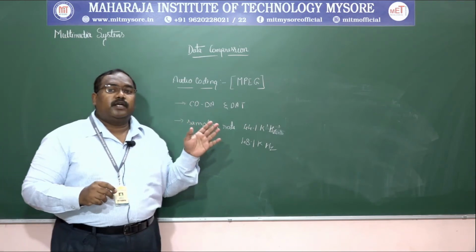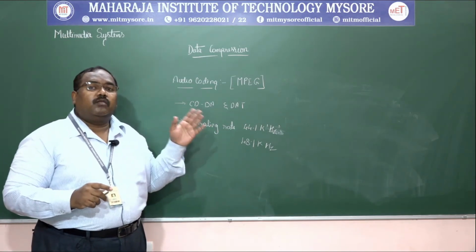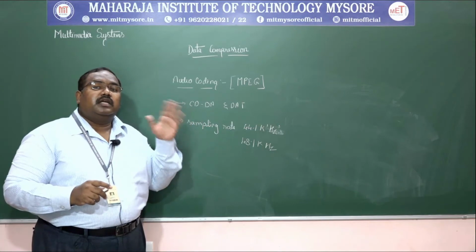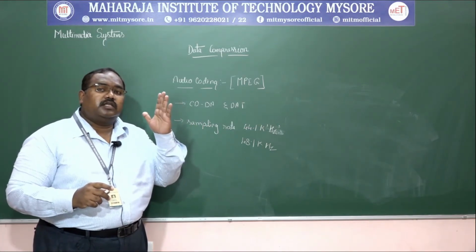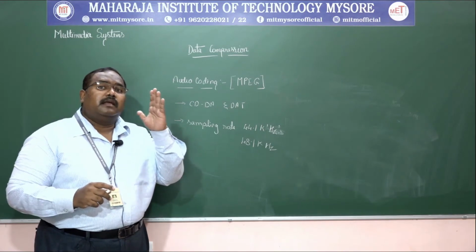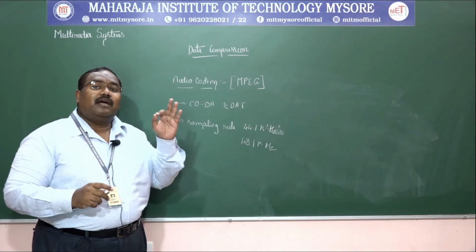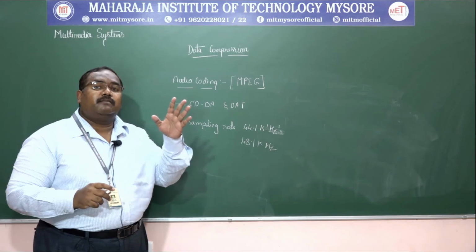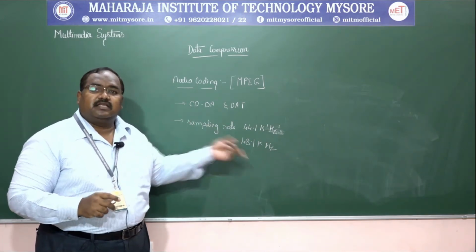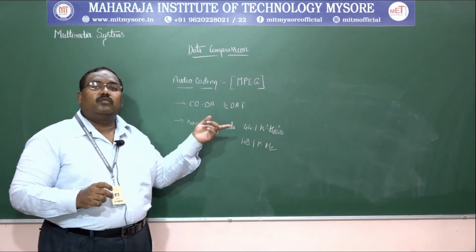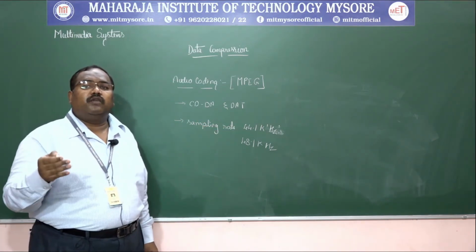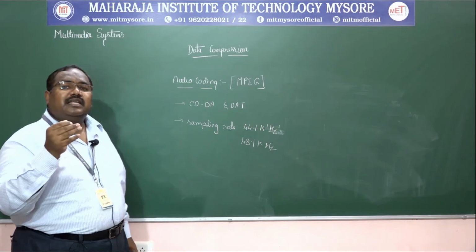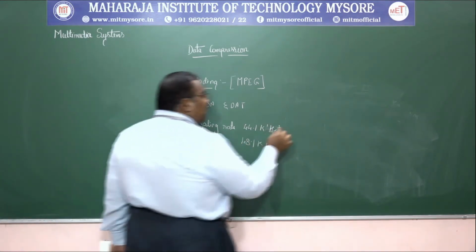Even with respect to CD-ROM mode 1 and CD-ROM mode 2, we have seen the 8 to 16-bit modulation. When we came to the discussion of DVD, we encountered the 16-bit modulation. It's the same with audio also, because we are using a combination of audio along with the video. So we use 16 bits per sample.